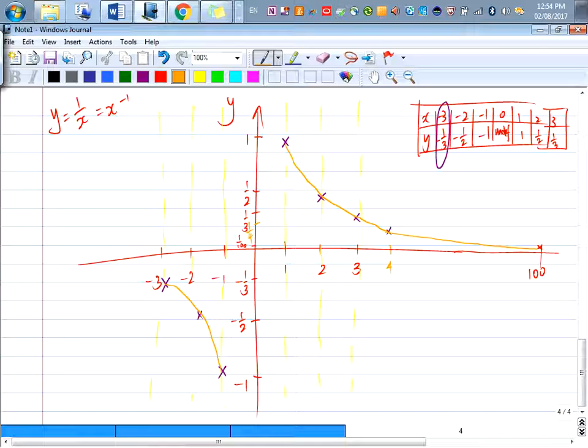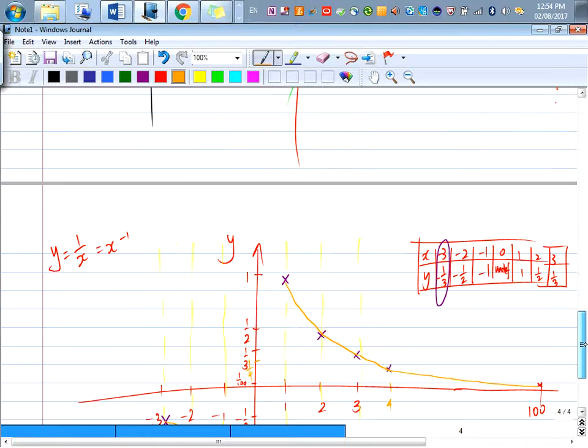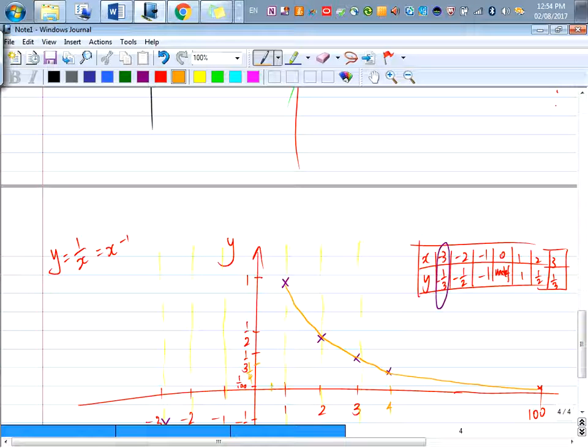You see my point? Okay, now instead of going to the right hand side, let's consider what happens when my x value becomes half. What happens when x equals half? Tell me what's the value of y. Use your calculator.